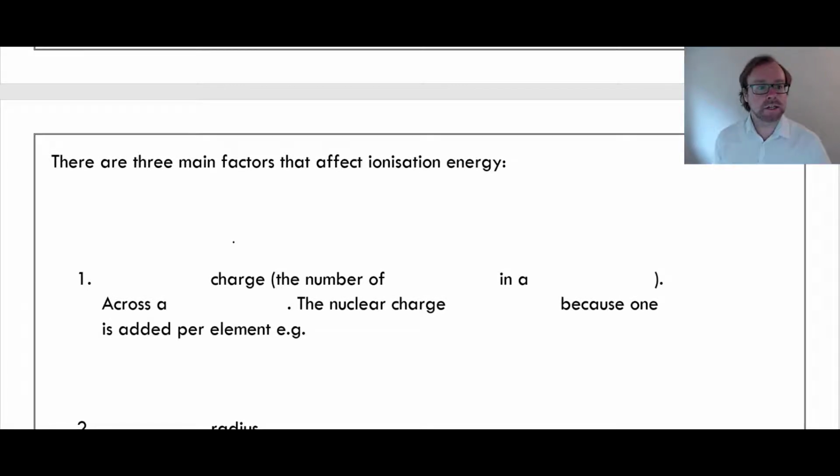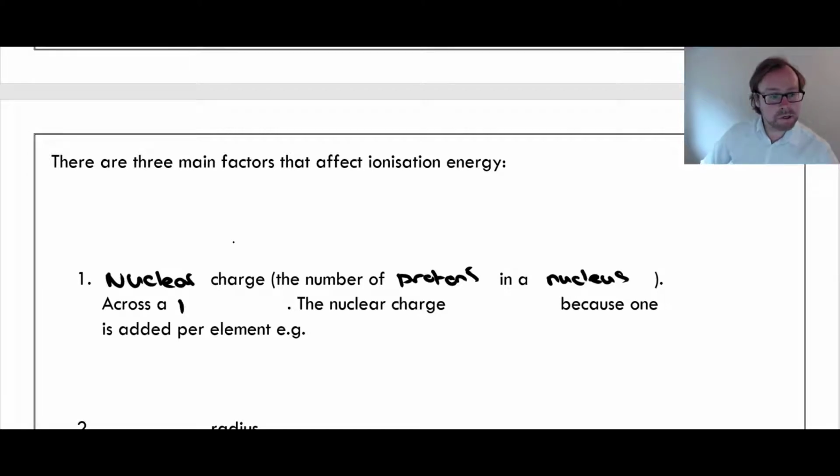Okay, so what affects ionization energy? Well, there are three main factors that affect ionization energy, and the first one is the nuclear charge, which is the number of protons in a nucleus.